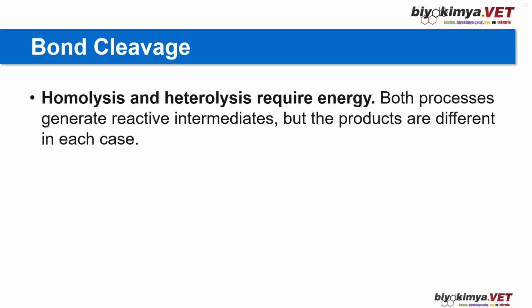Homolysis and heterolysis require energy. Both processes generate reactive intermediates, but the products are different in each case. And consider the type of cleavage. In homolysis, there's only one possibility, but in heterolysis, there are two possibilities. This means there are three different products in total. One product of homolysis, but in heterolysis, there are two possible products.